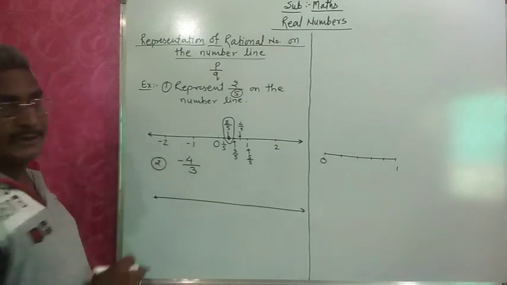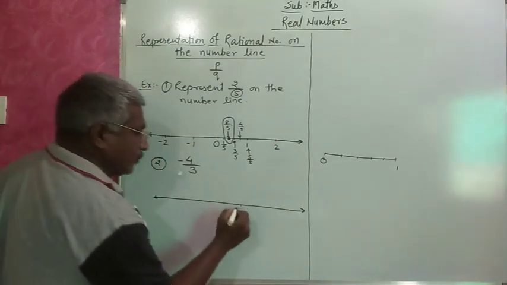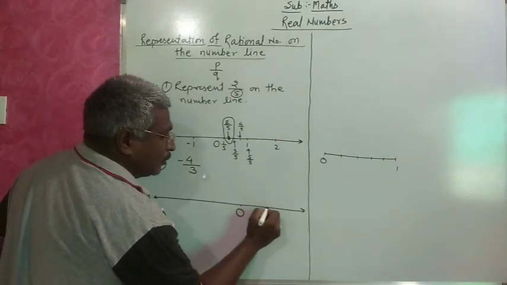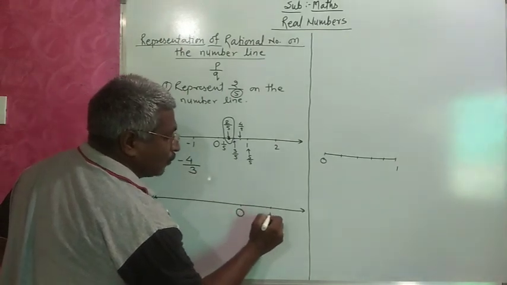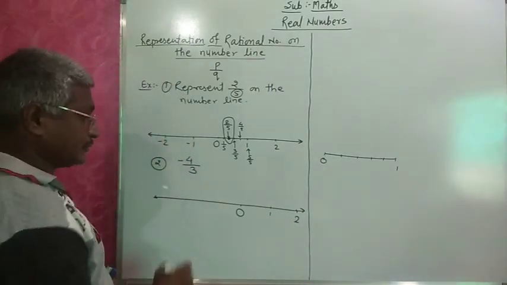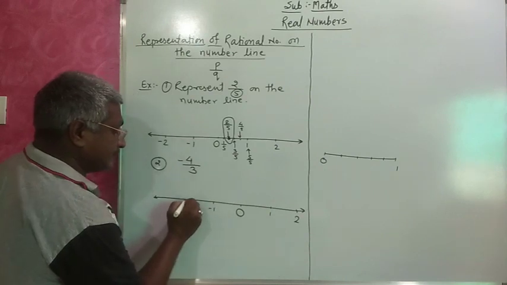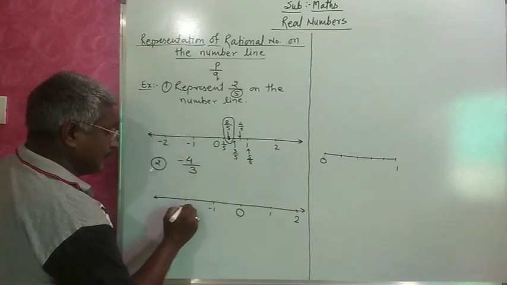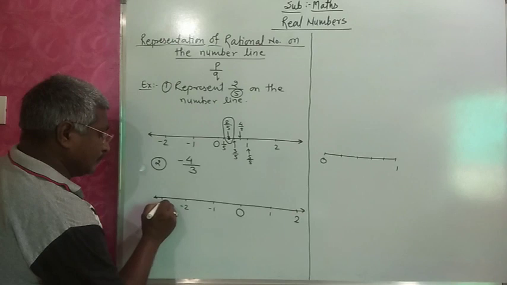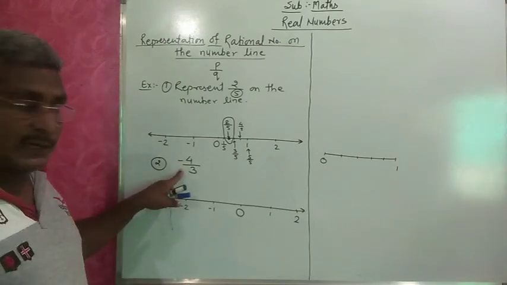Now it is a negative number, and negative means left side of 0. 0, 1, 2, at equal distance we have to take, students. Minus 1, minus 2, minus 3.